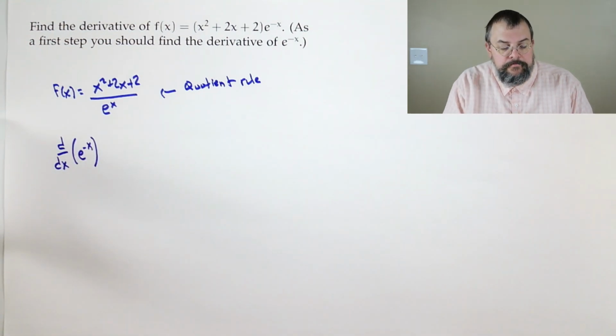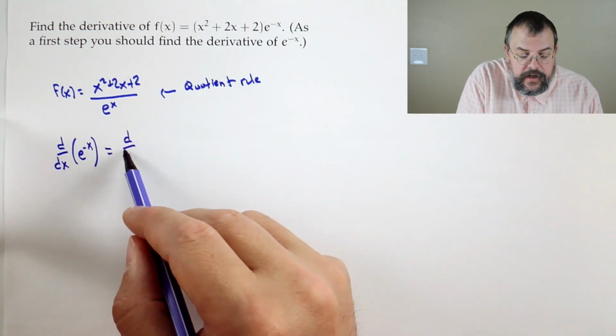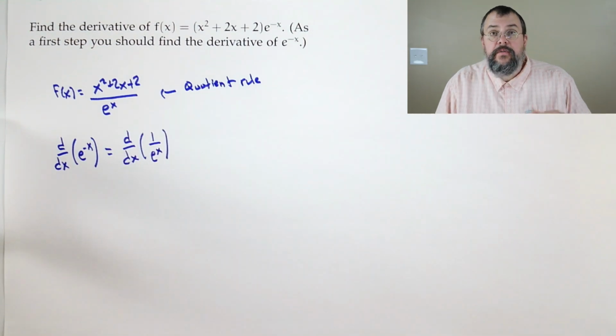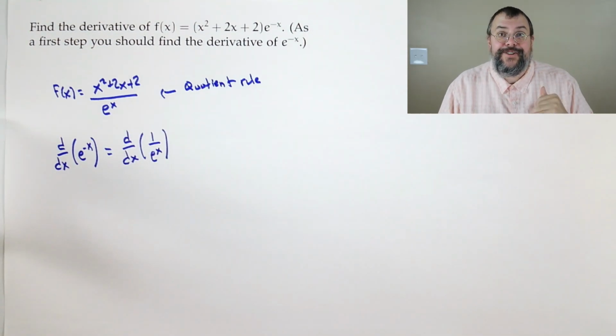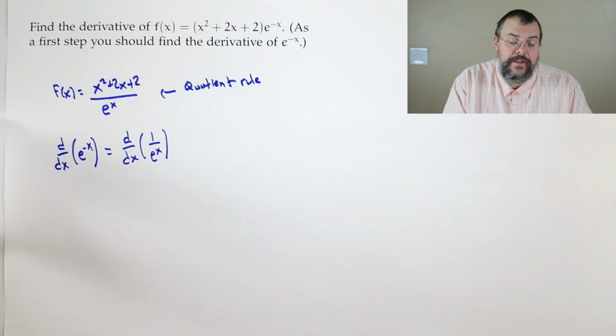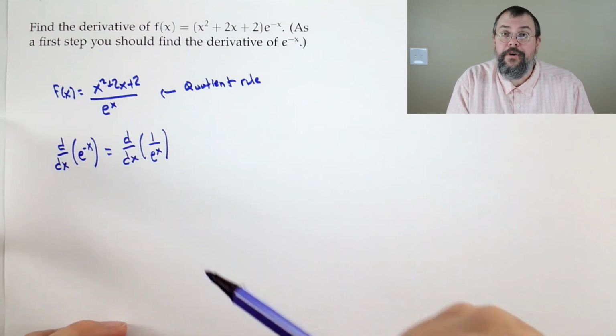Well, that's the same as the derivative of 1 over e to the x, because when I have a negative exponent, it means I put it downstairs. All right, well, what do we have? This is the reciprocal rule. Do you remember that? 1 over something.